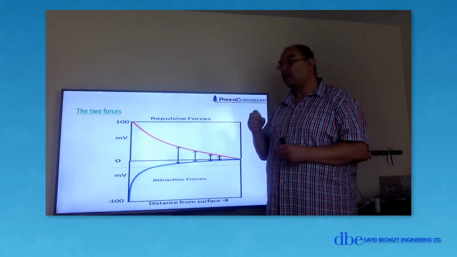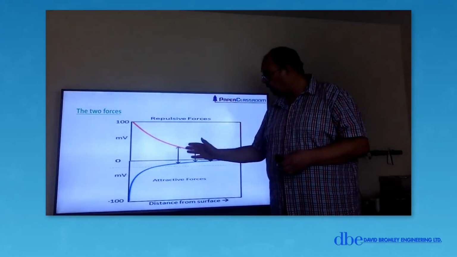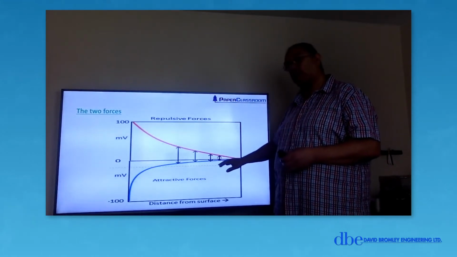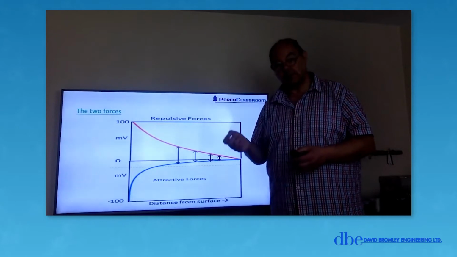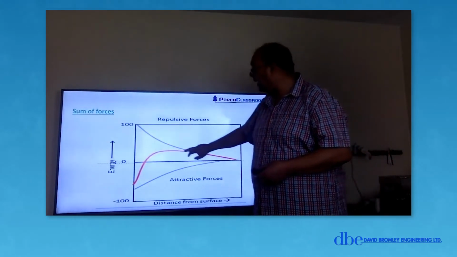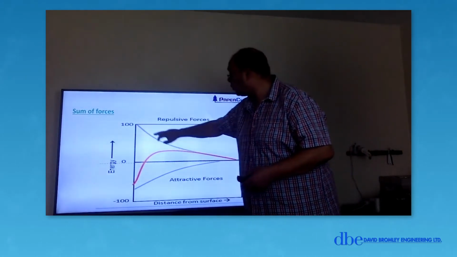So what we do is we sum those two forces. At each distance we add the forces of repulsion and the forces of attraction, they cancel each other out, and we see what we get. And in this next slide, there are the forces of attraction that we had, and the forces of repulsion that we had.